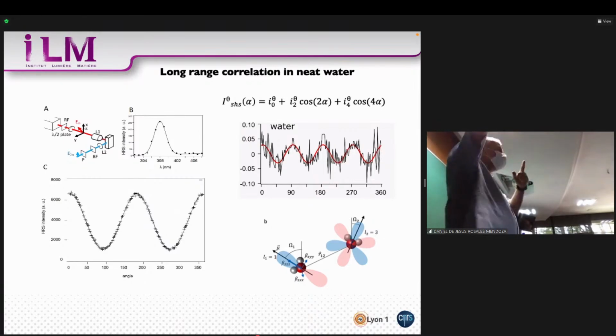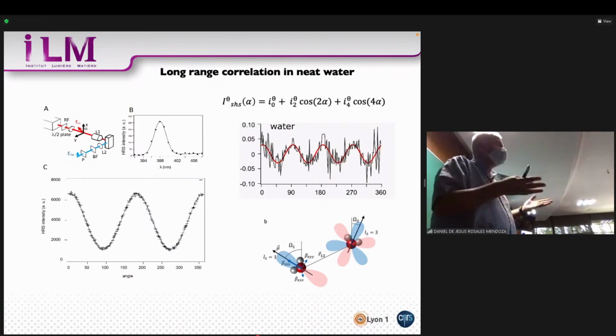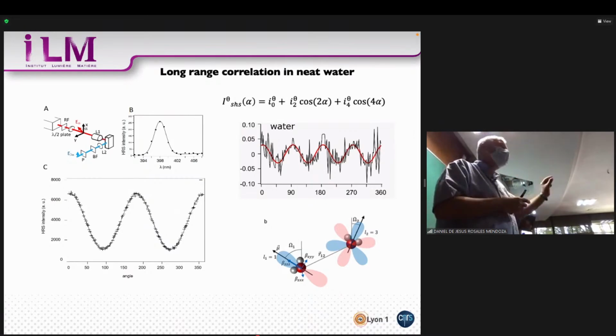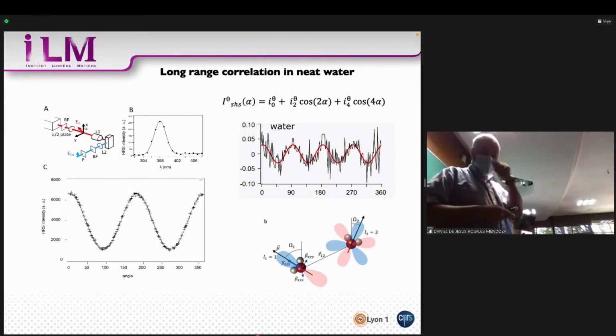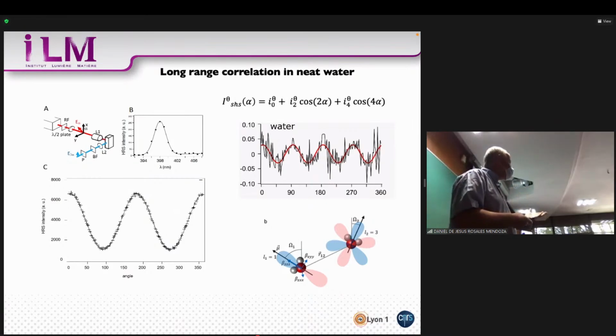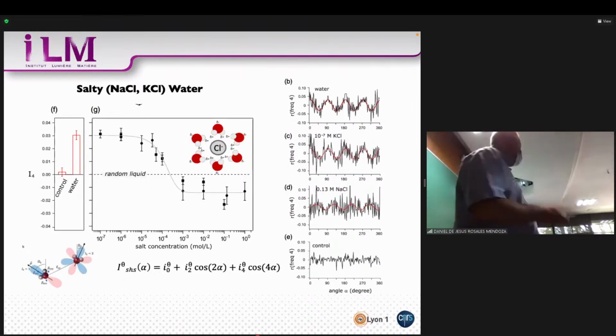So in the probability of orientation, there's a bias. That means a correlation. So in this random distribution, there is a tiny contribution of coherence, and that's what we see through this. This is due to dipole-dipole interaction in the liquid that we can easily pick up with hyper-Rayleigh scattering or second harmonic scattering.